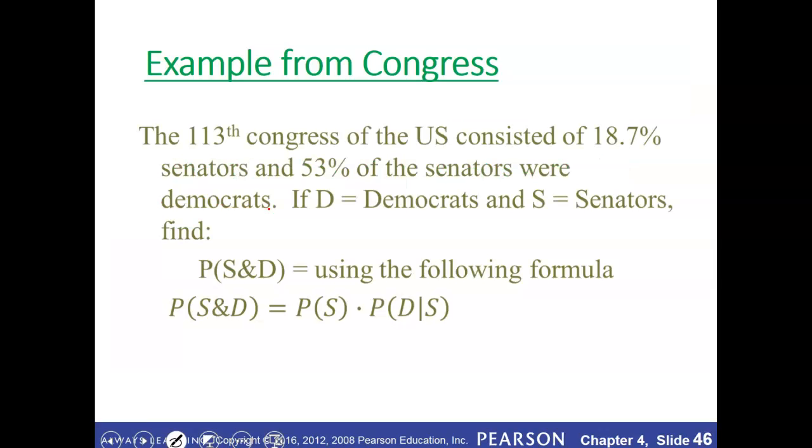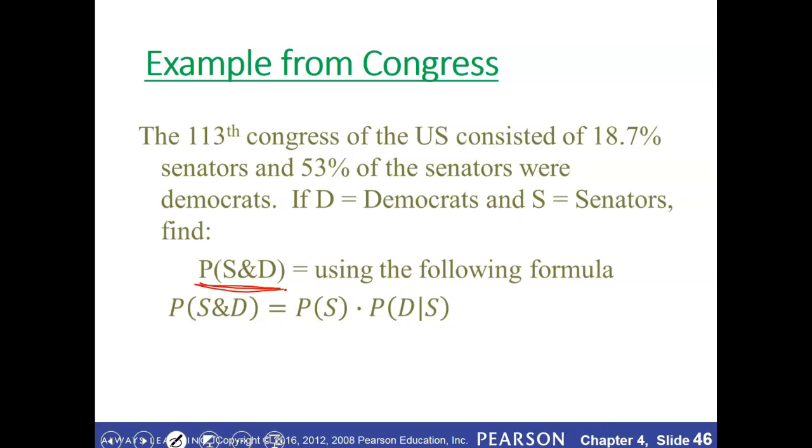So in the 113th Congress of the United States, 18.7% were senators. The others were representatives, but 18.7% of them were senators. And of those senators, 53% were Democrats. So we want to know, what's the probability that a congressman chosen at random is both a senator and a Democrat?